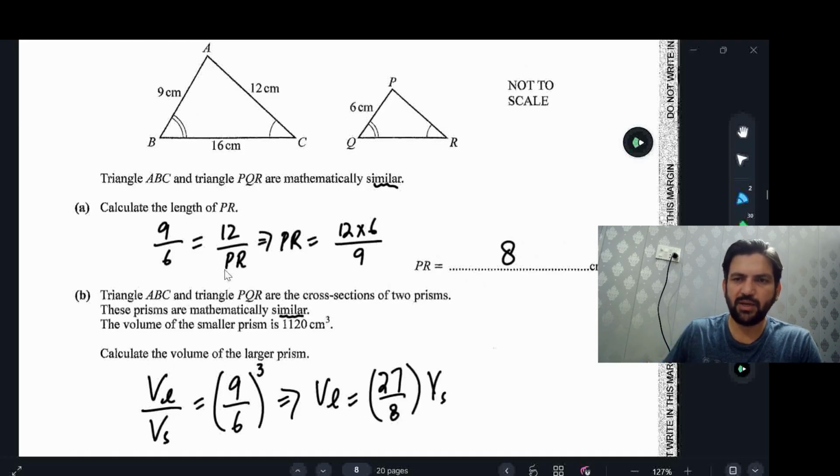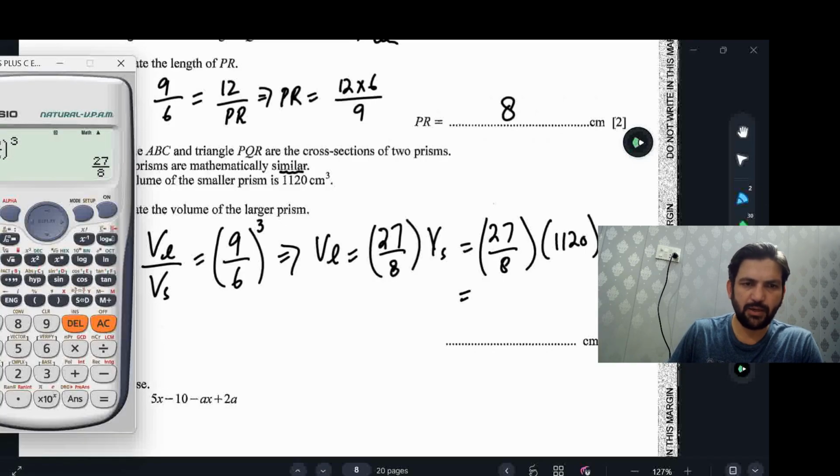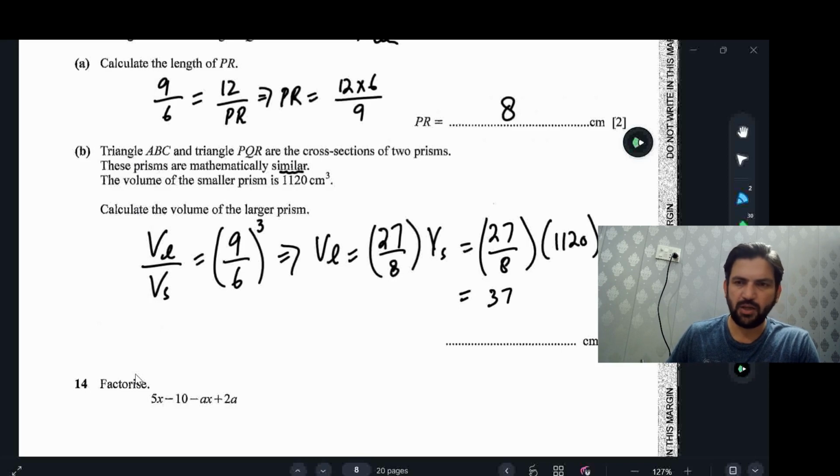So 27 by 8 multiplied by 1120. I hope that the concept is clear. If we multiply it, this will be equal to 3780. 3780 will be the final answer.